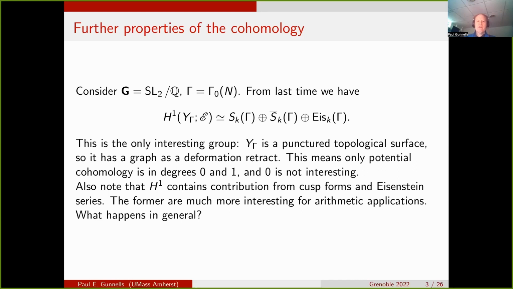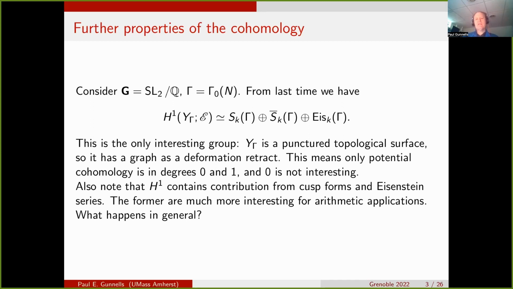So also we see that, as I said last time, the cohomology is computed in terms of automorphic forms, and there are two types of forms appearing here that are conceptually very different. We have the cusp forms, and we have this complement, the space of Eisenstein series. There are various ways to say what the difference is. The cusp forms are the things that have very rapid decay as you go to infinity on the modular curve.